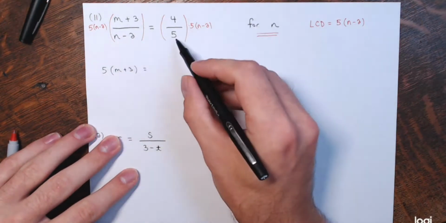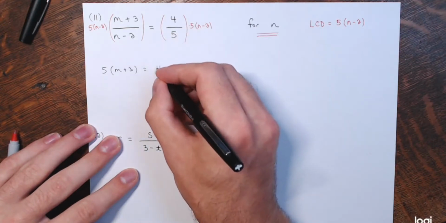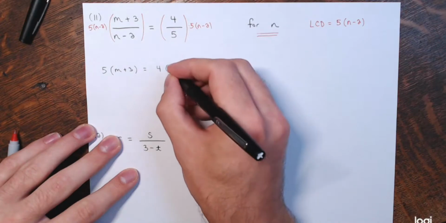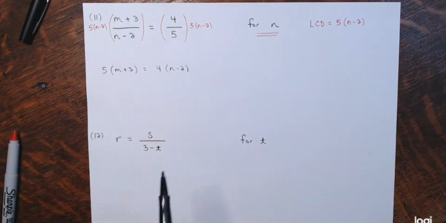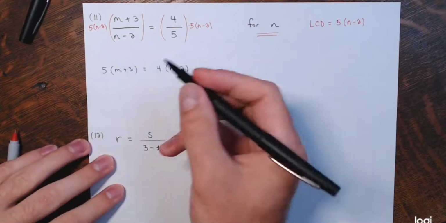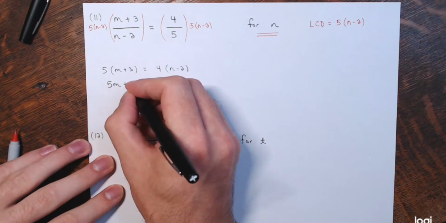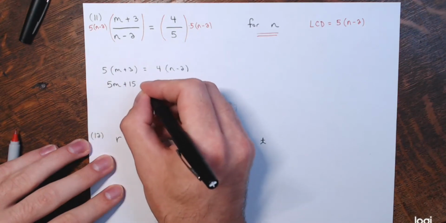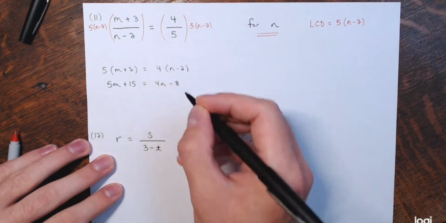Then on the right side, the 5's would cancel, and I have 4 times the quantity, n minus 2. Right. And then in distributing and simplifying both sides a little bit, we have 5m plus 15 on the left equals 4n minus 8 on the right.